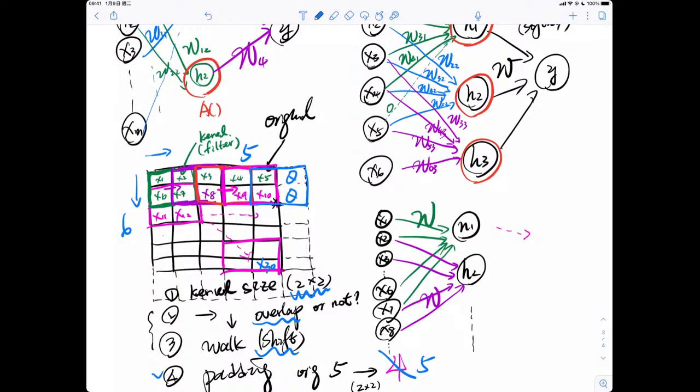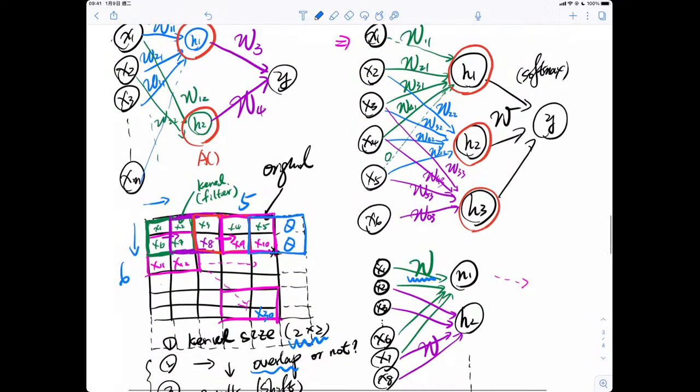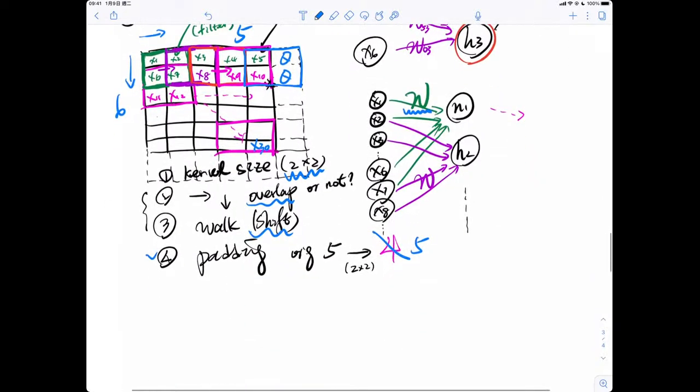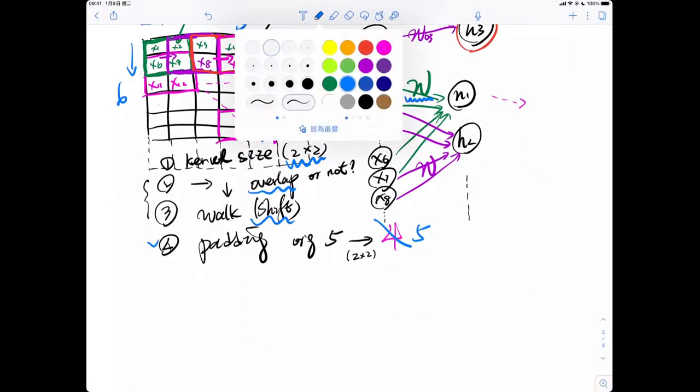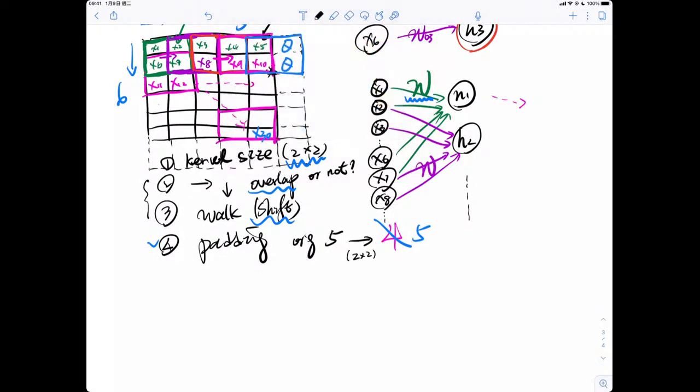So the next thing I'd like to talk about is what exactly the weight right here is. As I mentioned, for convenience, usually we set all those weights to the same value. So the green weight, the blue weight, and the purple weight right here, they are the same. But what exactly does it mean? Let's still use this figure.